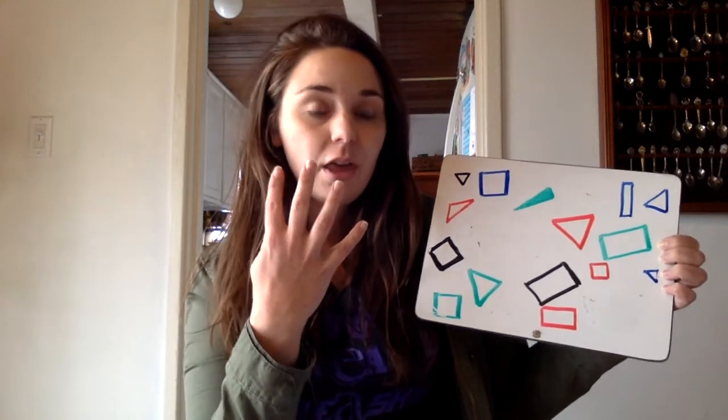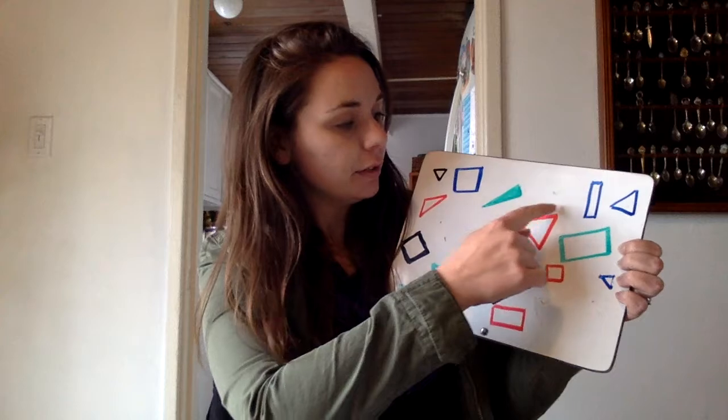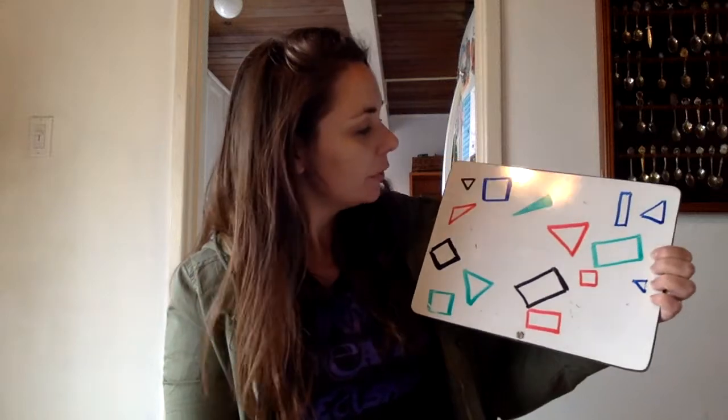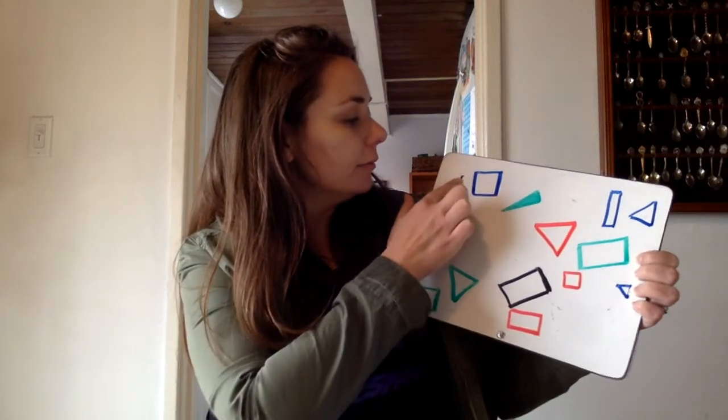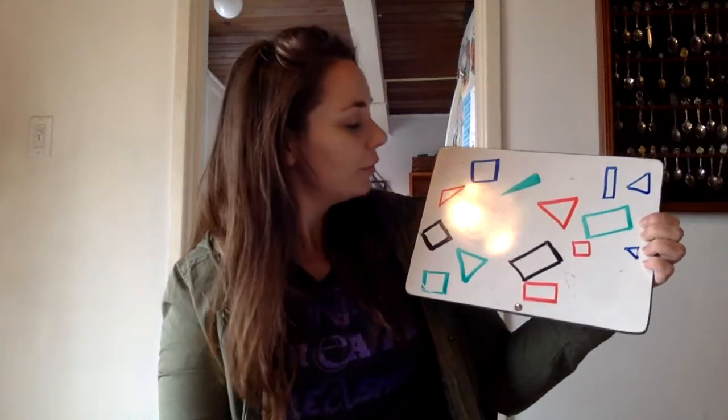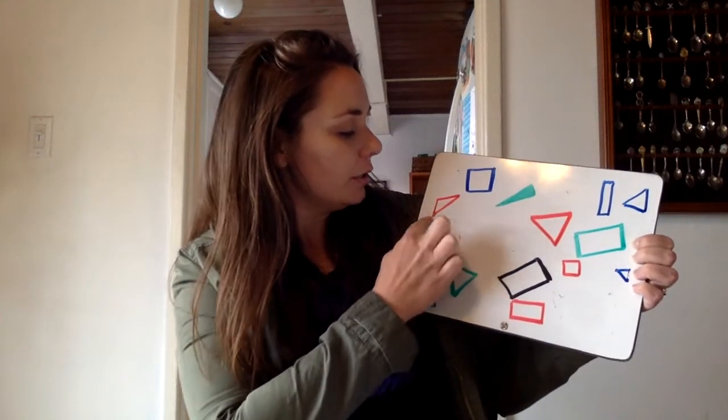Right. I can take away the triangles, because triangles don't have 4 corners. They have 1, 2, 3. They only have 3. So I need to take away all my triangles. Will you help me? Okay. This one is 3. I want a shape with 4, because the shape in my brain is 4. This one is 3. 1, 2, 3.